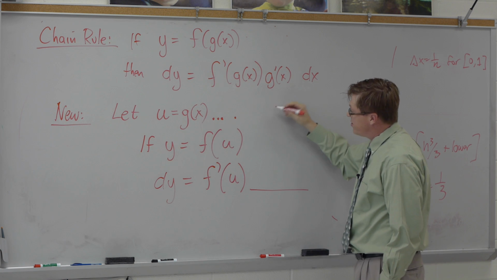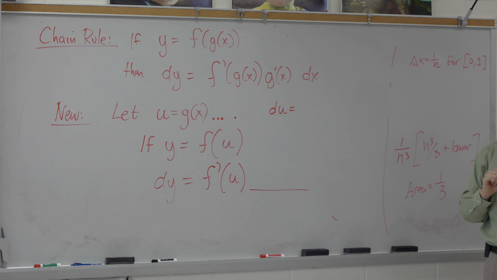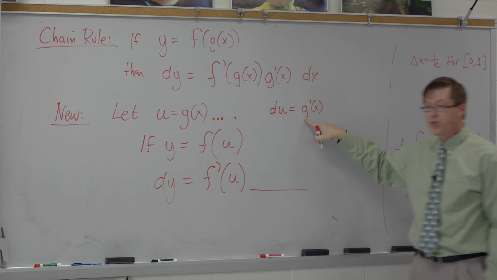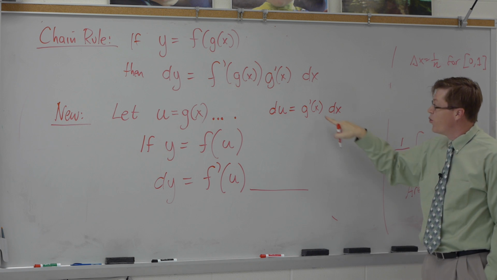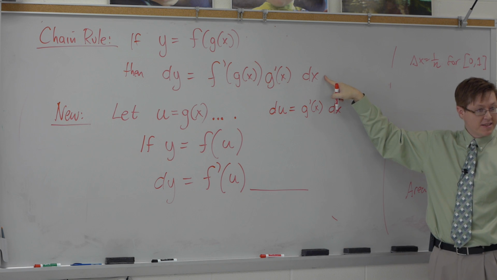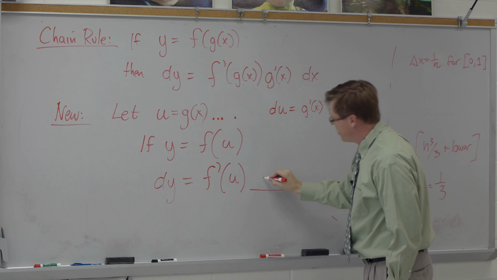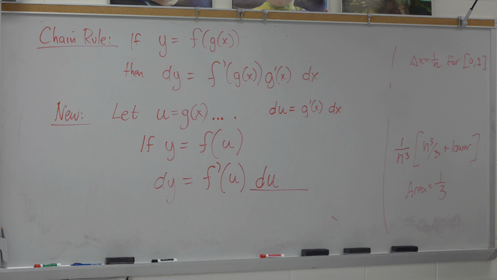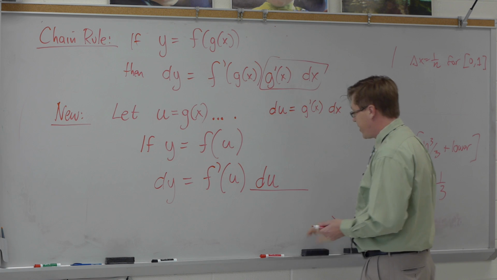If u is g of x, then what's du? g prime of x, but I'm taking a differential, so it's g prime of x dx. Well, that is just exactly that piece. So du is the second piece of the chain rule.